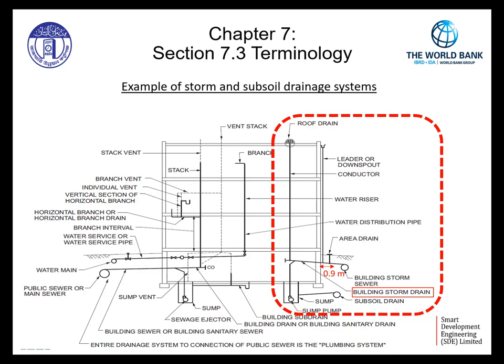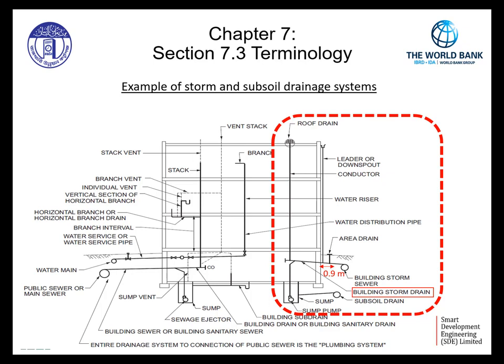Rainwater is captured by sloping the roof downward towards the roof drain inlet. As the water is conveyed through the roof drain, it is channeled downward into what we call a conductor inside of the building. That water runs vertically downward into the building storm drain.